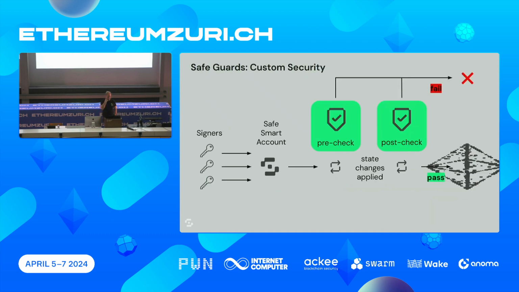And then we got guards. Guards work a bit differently. They add additional validation logic on the transaction. So as you create a transaction, it needs to comply with the checks implemented by a guard. And these can be things like allow or deny lists, where you check on the transaction, am I interacting with a certain protocol that I might not want to interact with.